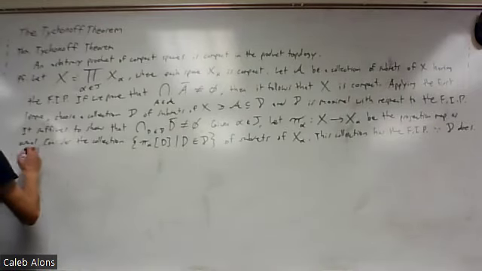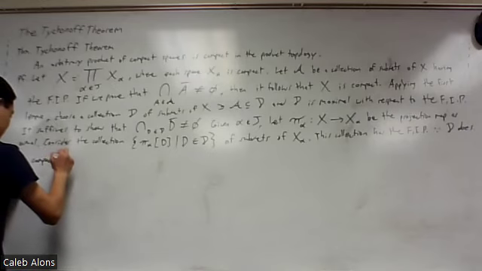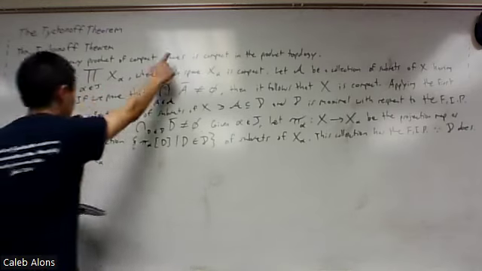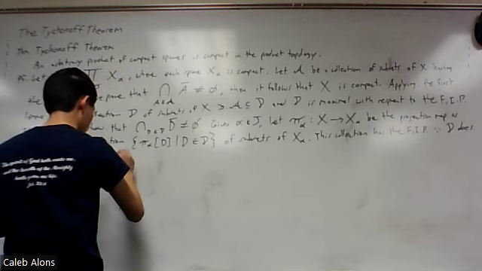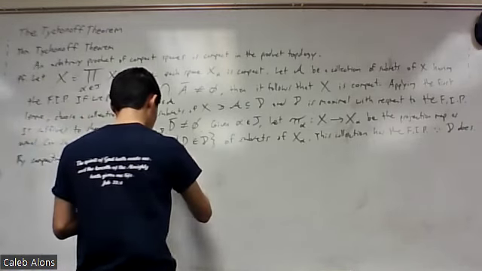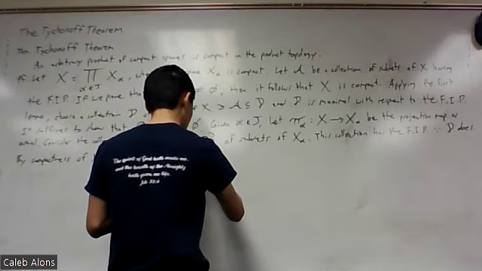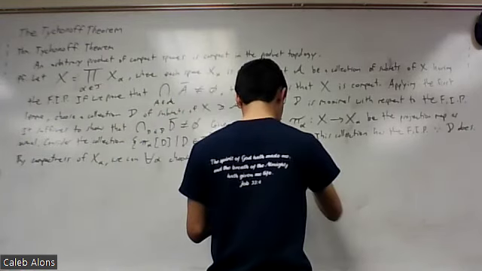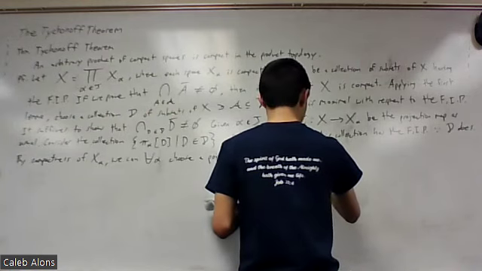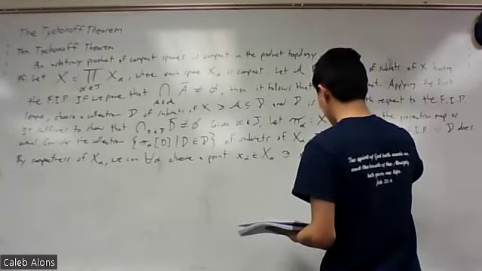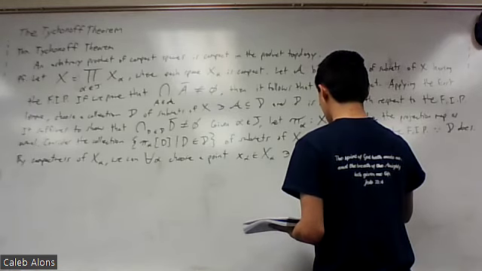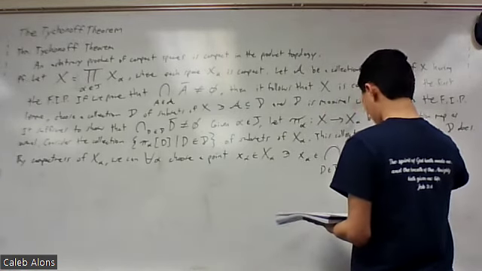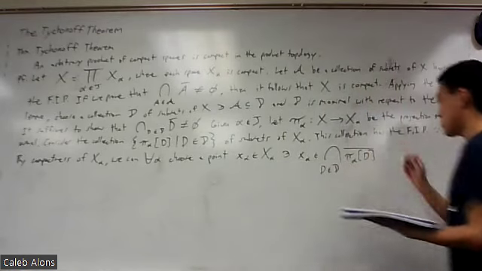So by compactness of X alpha, because that's part of what the theorem allows us to assume, that they're all compact, we can, for all the alphas, choose a point x alpha that's in X alpha, such that my x alpha can be found inside of the intersection, if I take all of those D's in the collection, and then the projection that I get when I project the image of each D and then close it.